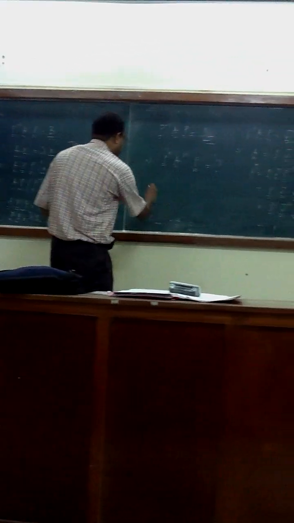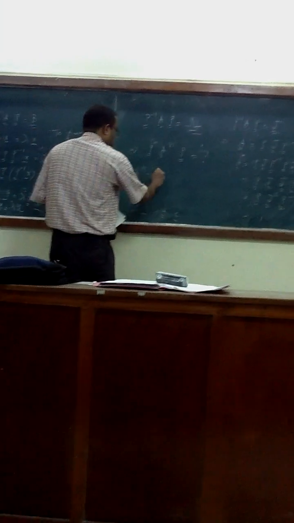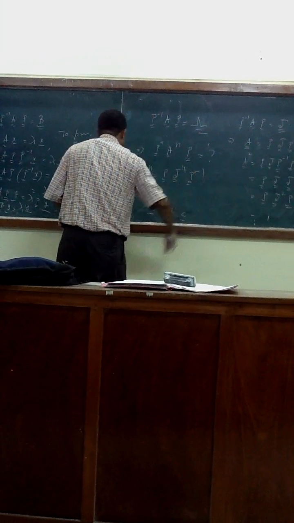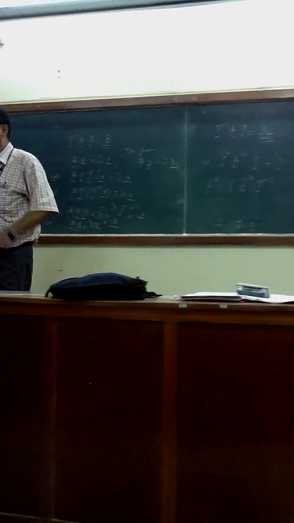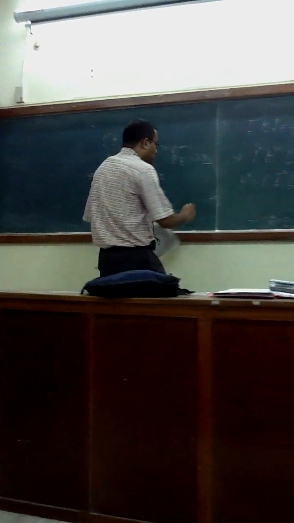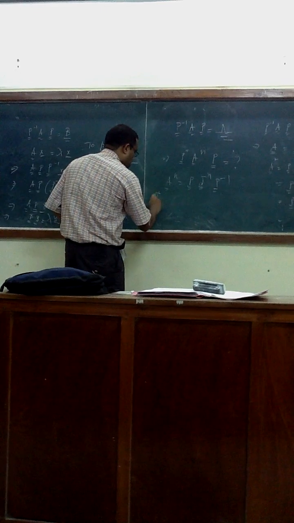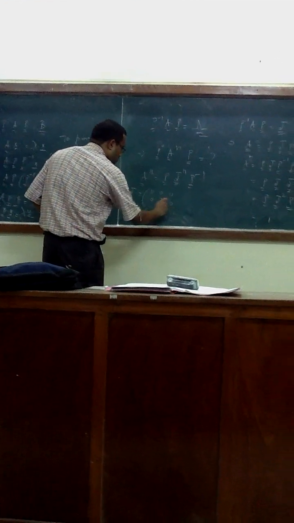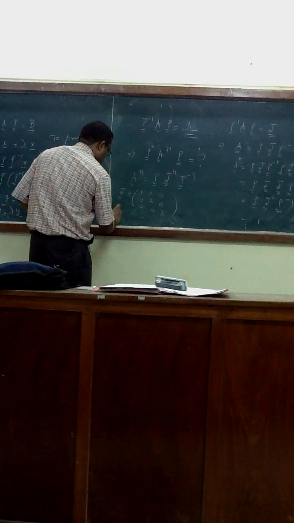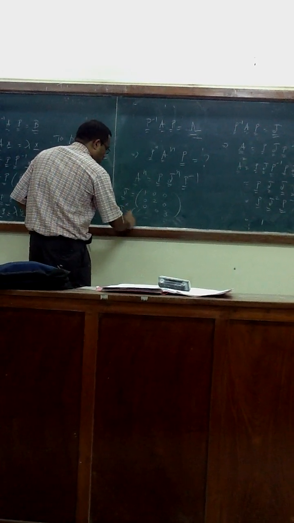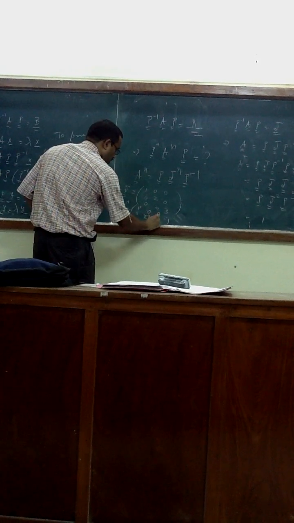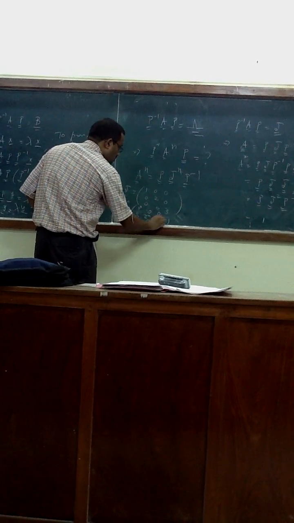So A to the power n will be P J to the power n P inverse. J matrix is very easy. For example, if you have J matrix 1 0 0, 0 2 0, 0 0 3, what will be J to the power n? 1 to the power n, 0, 0, 0, 2 to the power n, 0, 0, 0, 3 to the power n.